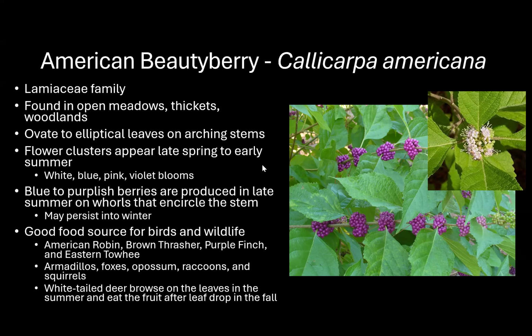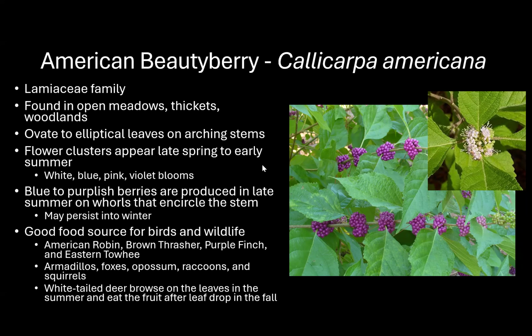So a lot of times when we find this in the landscape, they can be in thickets, open meadows, or woodlands. You can tell it's a beautyberry because it has these long arching stems. The leaves are pretty nondescript. They're really only an ovate to elliptical shaped leaf. You're not really looking at that. But what you are probably looking at, in late spring to early summer, is they produce these lovely flower clusters.